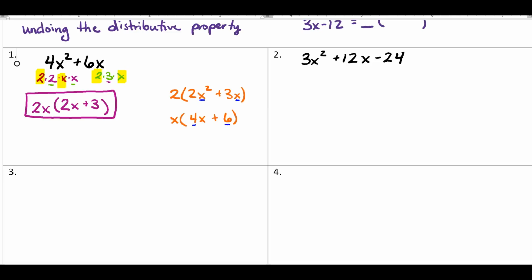So 3x squared is 3 times x times x. 12x would be 2 times 2 times 3 times x. Because remember, 12 is 4 times 3, and 12 would be 2 times 2 times 3. Now 24 would be 2 times 2 times 2 times 3.